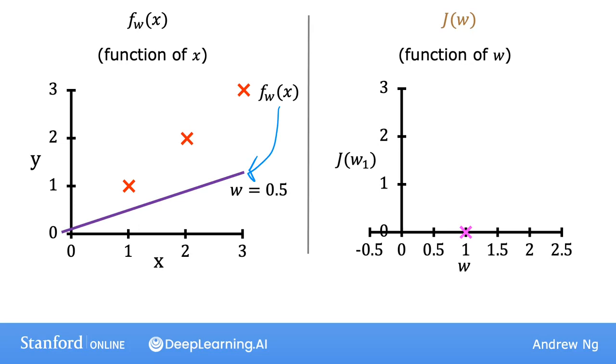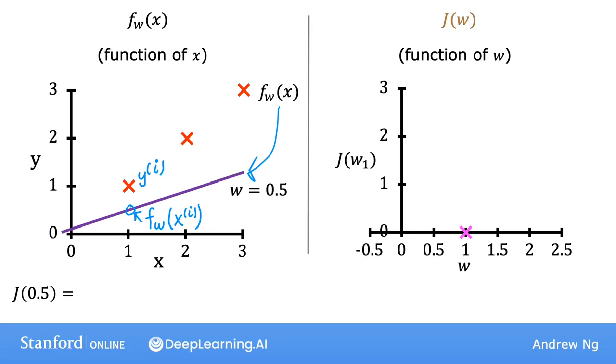And let's also compute the cost J when w is 0.5. Recall that the cost function is measuring the squared error or difference between the estimated value, that is y hat i, which is f of x_i, and the true value, that is y_i, for each example i.